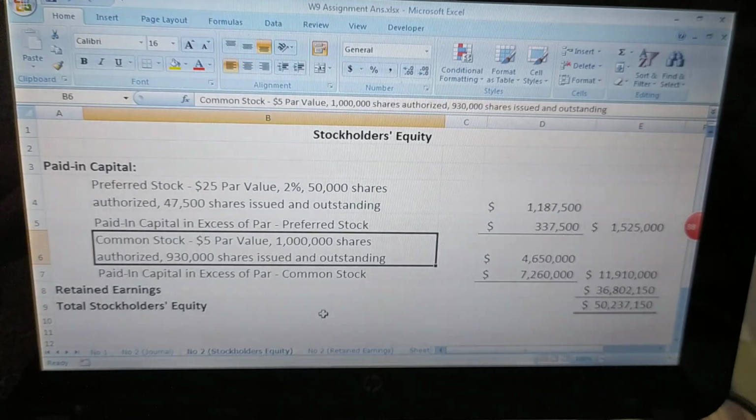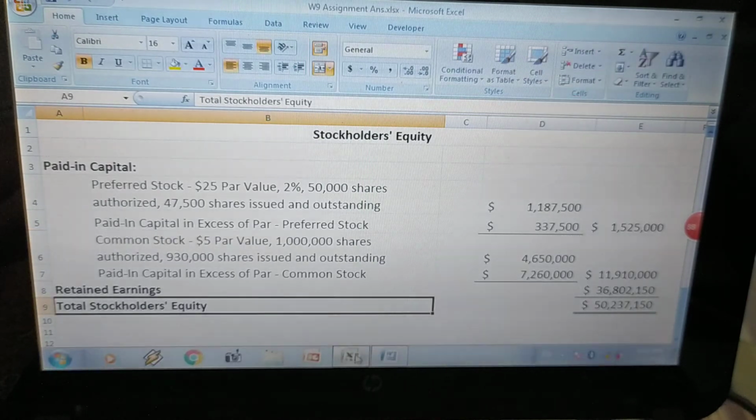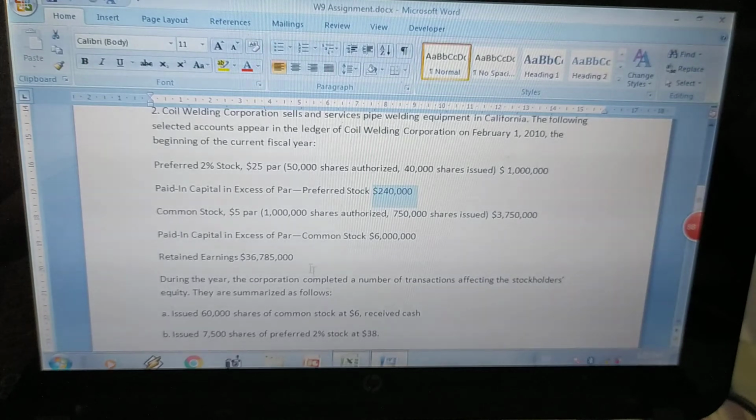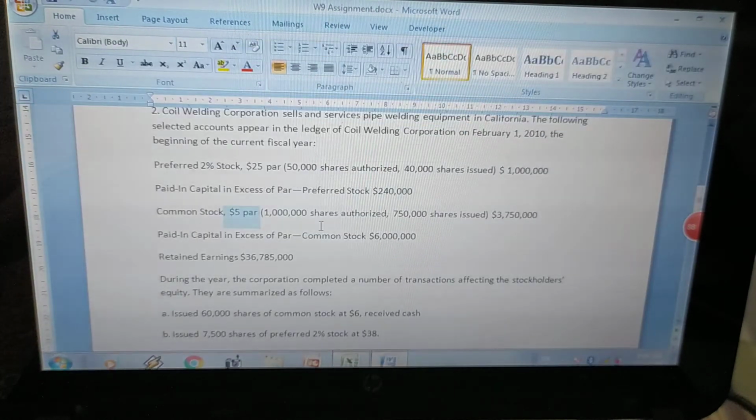And then for the common stock, still the same. You need to write every piece of information about the common stock. So you also take it from the question. So common stock, $5 par. And then 1 million shares authorized.